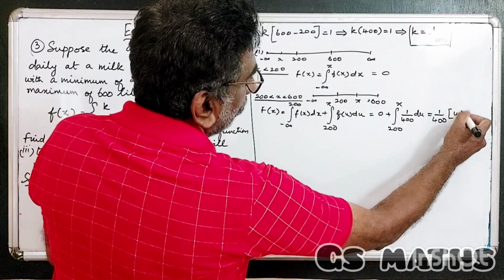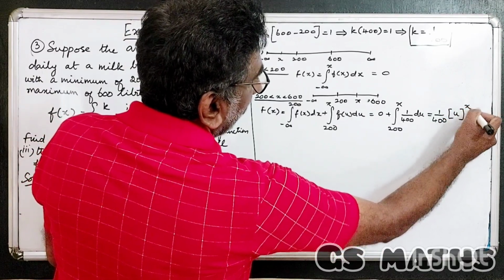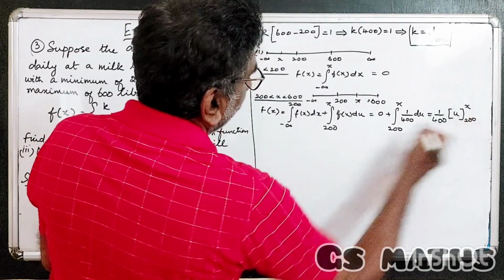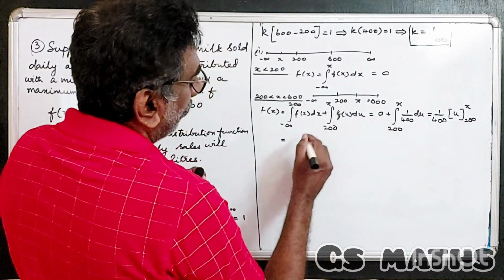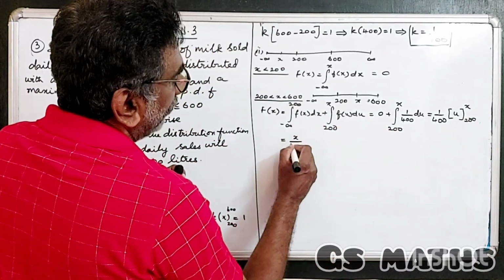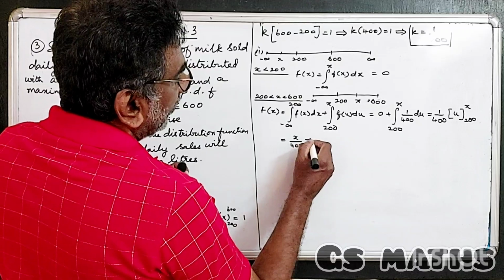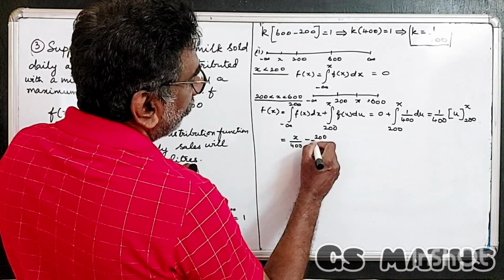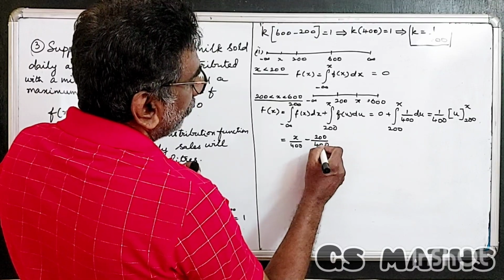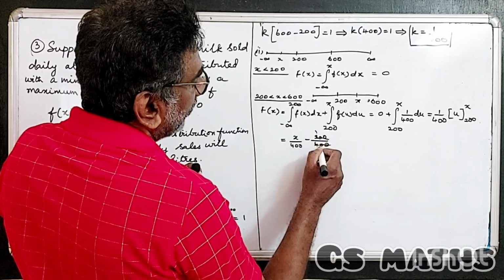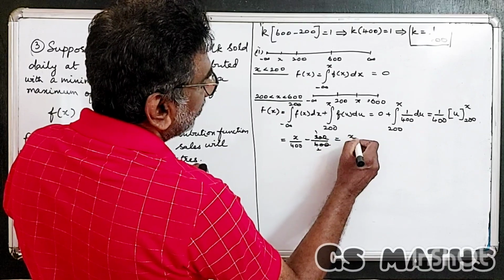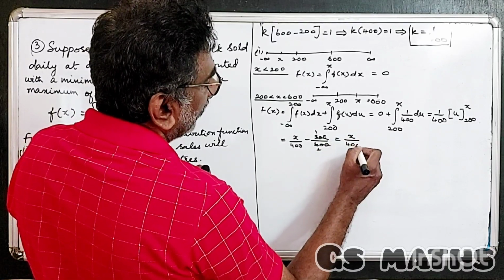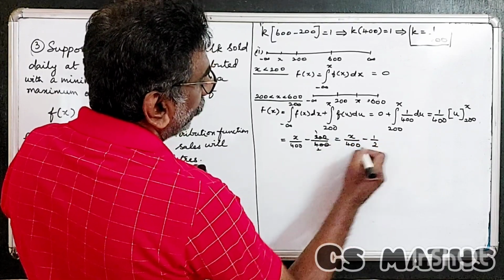Integral du is simply u, that is x, with limits from 200. Applying the upper limit, I get x divided by 400 minus, applying the lower limit, 200 divided by 400, which is 1 by 2. So the function is x by 400 minus 1 by 2.